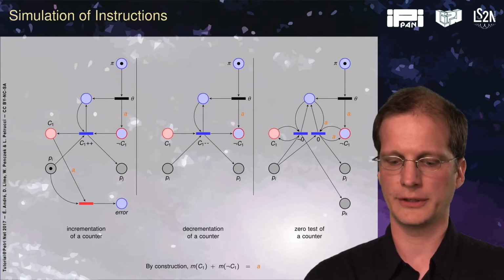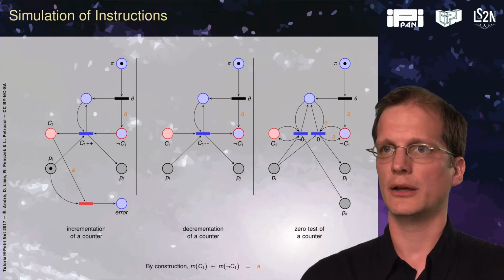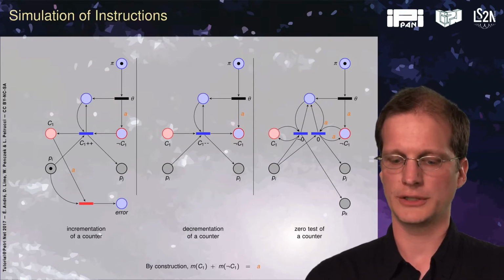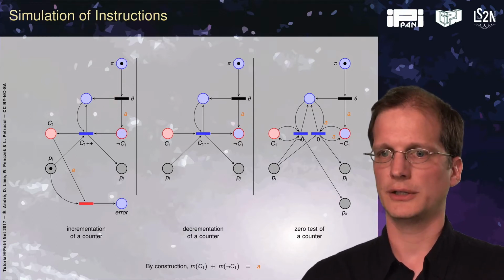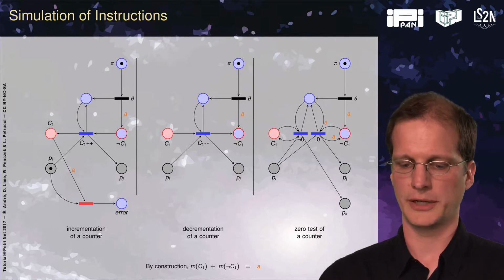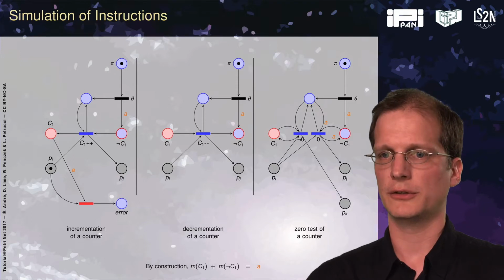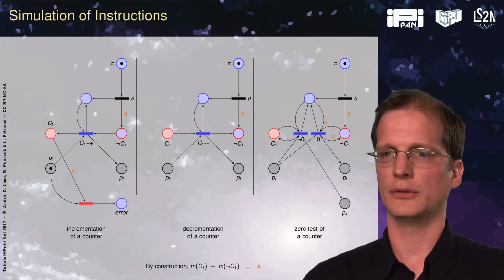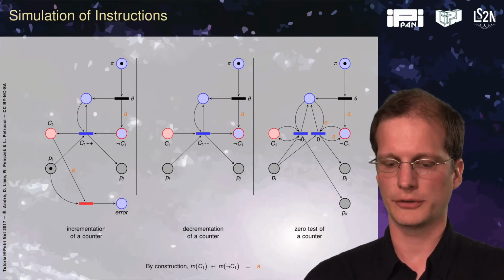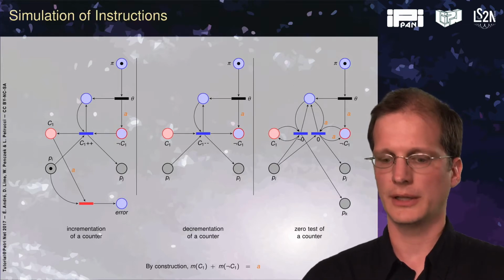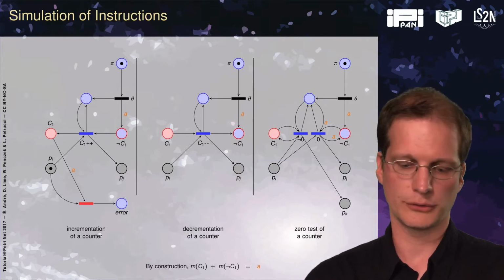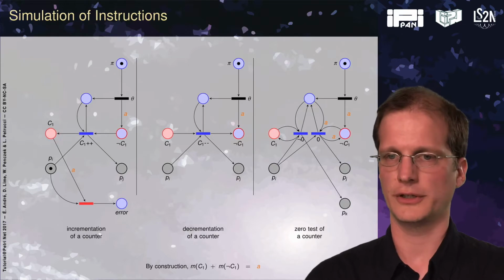So initially we see that this transition will initialize everything in the machine, and it will put a token in the dual place here. So when we have a token here, it models that the value of the counter, C1, is equal to 0, and then this corresponds exactly to the number of tokens here.